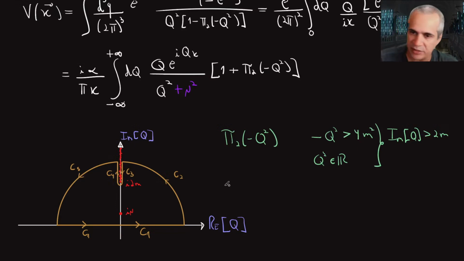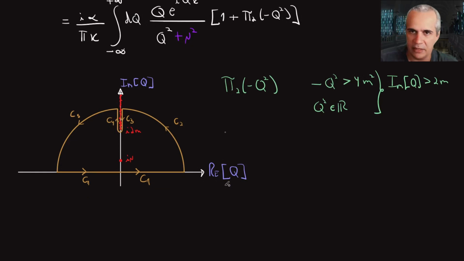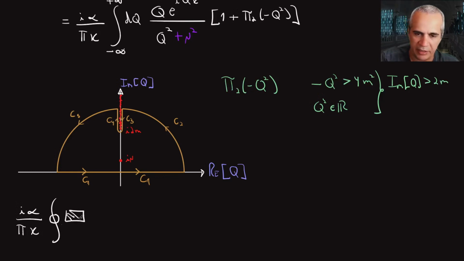So now, by residues, we know that the integral over this path I have drawn here, all the way around, I'll write it like this: i alpha over pi x, which is this term here, times the integral in the whole closed path of that complicated integrand. I don't care too much about writing it. It will be given by the residue of this one pole right here, since it's the only thing inside the path of integration.